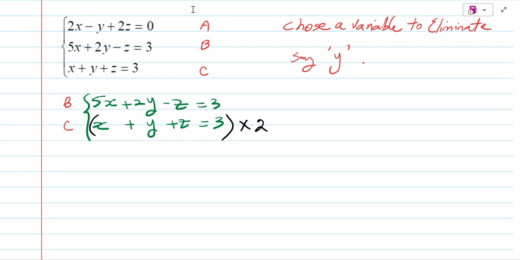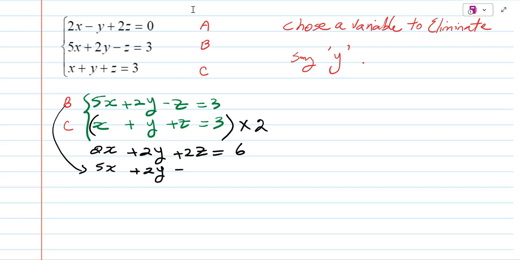When you multiply that, your C equation becomes 2x plus 2y plus 2z equals 6. Now I'm going to put the B equation down here. Your B equation is 5x plus 2y minus z equals 3.